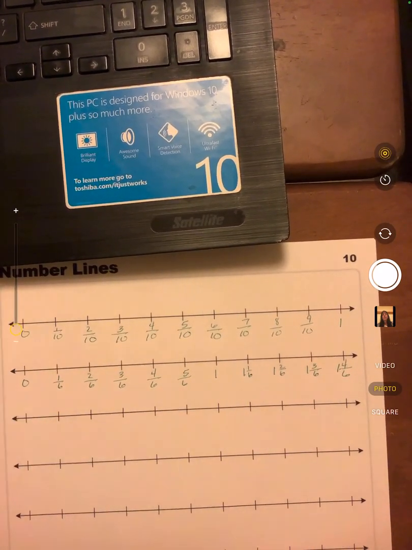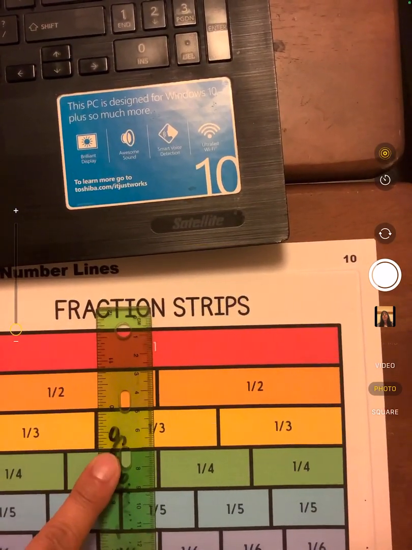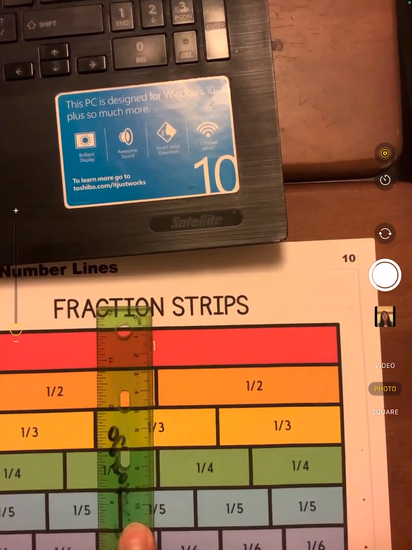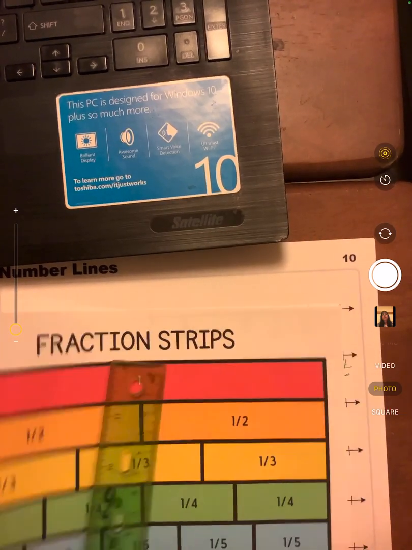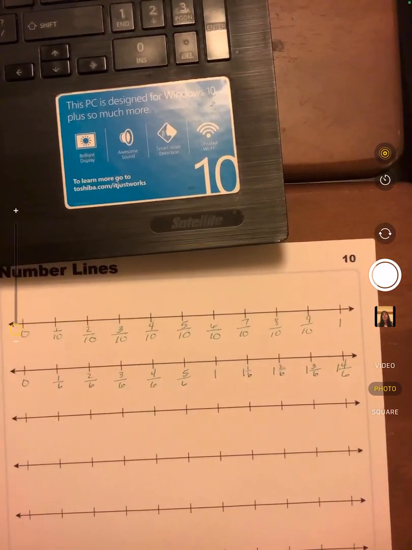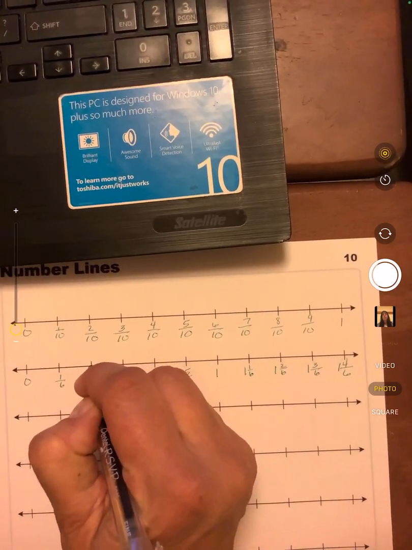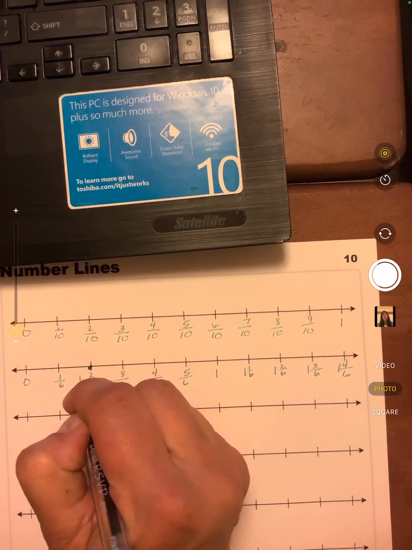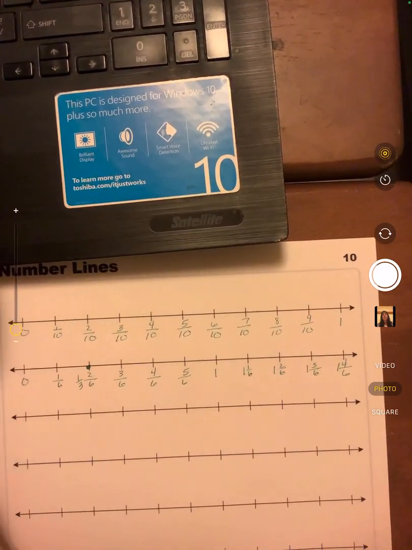So if I take my ruler, here's 1/3, and 1/3 lines up with 2/6. So I would put a dot right here, and I can relabel it 1/3. Okay, let's do a couple more in just a second.